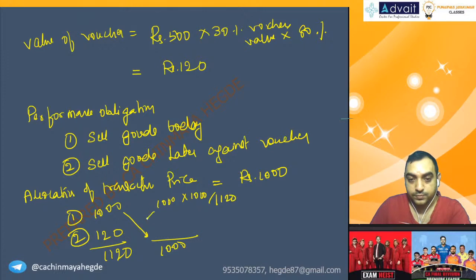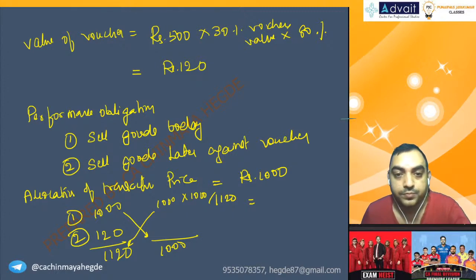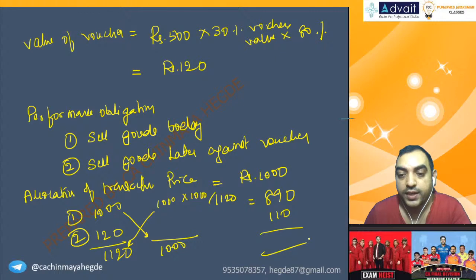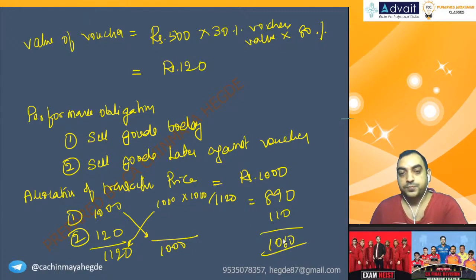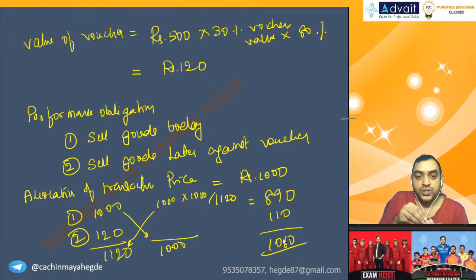I think that comes to 890, and this balancing figure you can say this comes to 110. So total is thousand. Okay, so that's how the allocation is being done in case of the discount voucher based on its expectation to utilize, and amount received is 1000.